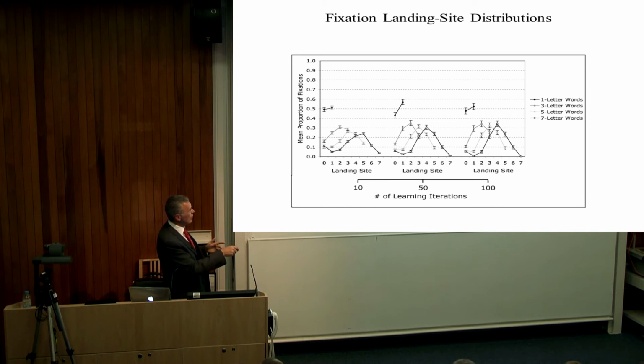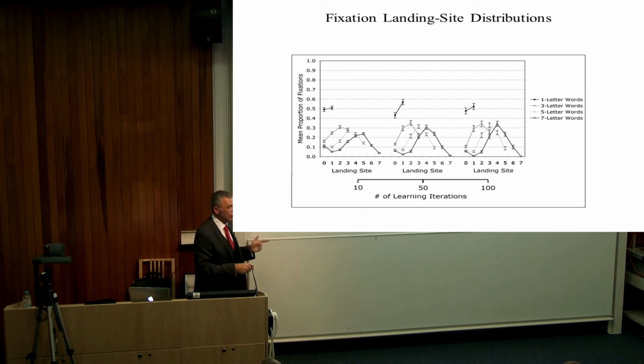And for each one of these plots, I'm showing the landing sites, where 0 represents the blank space to the left of a word, 1 is the first letter position, 2 the second, and so on. And each one of these curves shows the fixation landing site distributions for either 1-letter words, 3-letter words, 5-letter words, or 7-letter words.